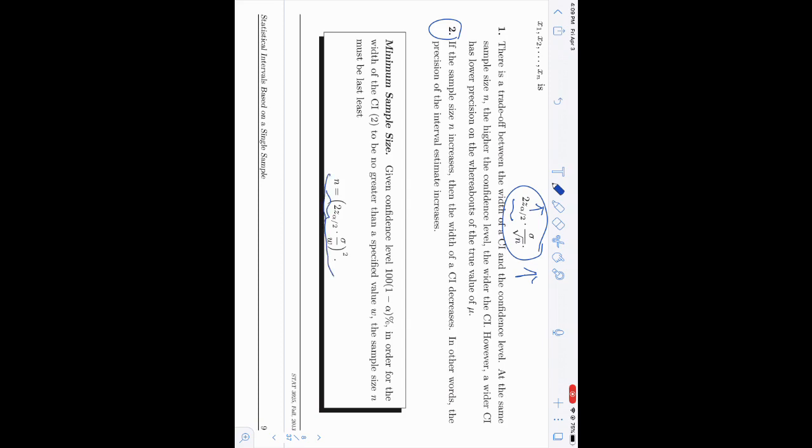A detailed derivation is also given in the notes. If we would like the length of the confidence interval no greater than w, it means that 2 times z times sigma divided by square root of n should be less than w, right? If we rearrange this formula, then we will have the least sample size.